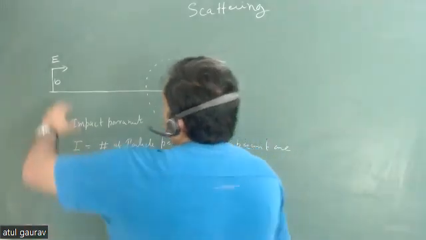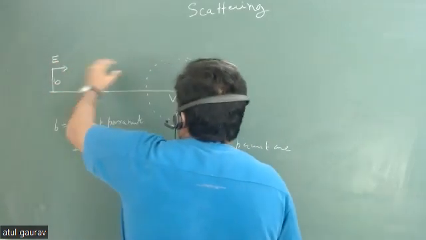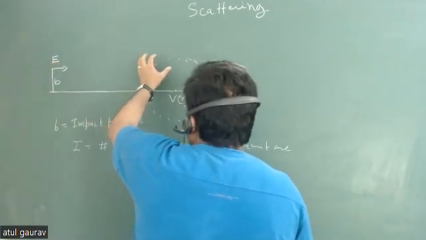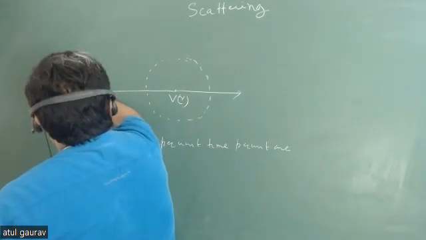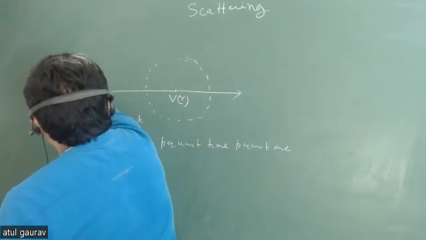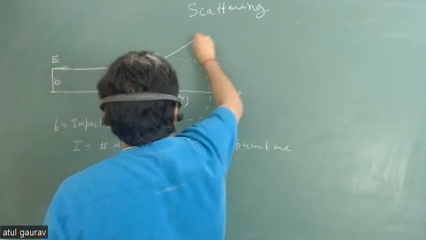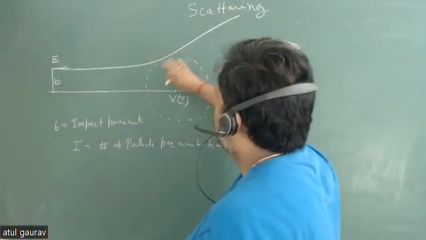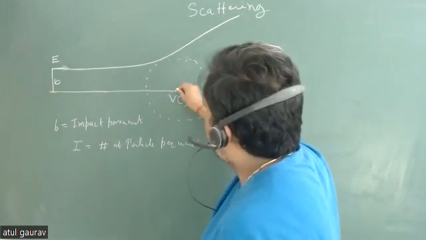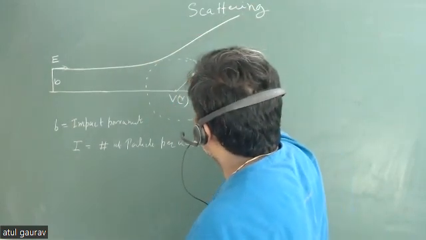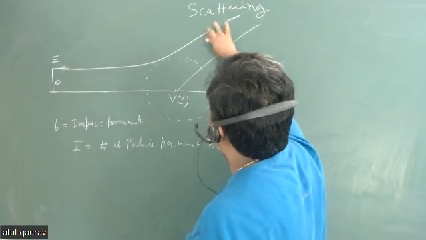Now when the particle comes here, it will interact here, and what will happen? It will come in something like this, it has some trajectory, and it will go off like this. So this is in general the trajectory of a particle. And here is the asymptote of this trajectory.